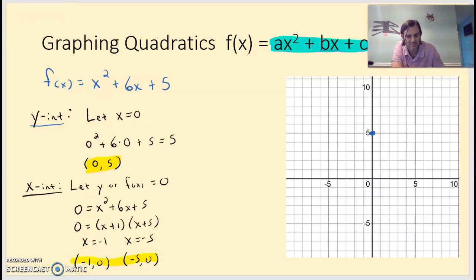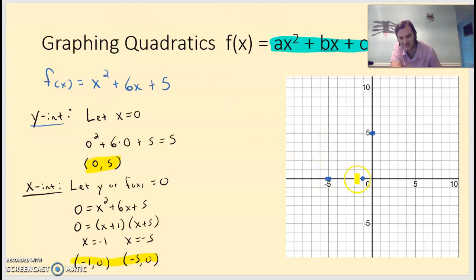Okay, so let's see if we can plot those. (-1, 0) and (-5, 0). So this may look hard for you to imagine how that U-shape is going to happen, but I'll put this on here just for now.